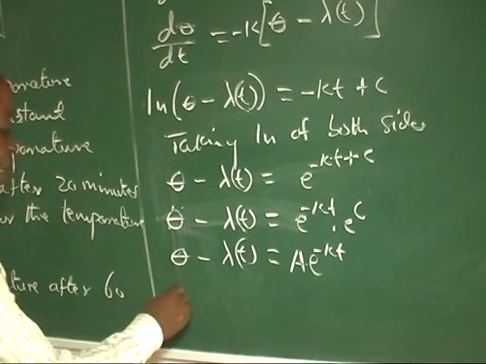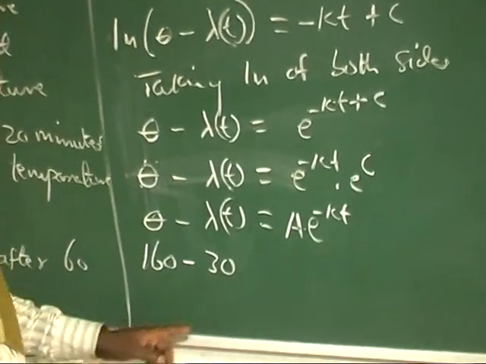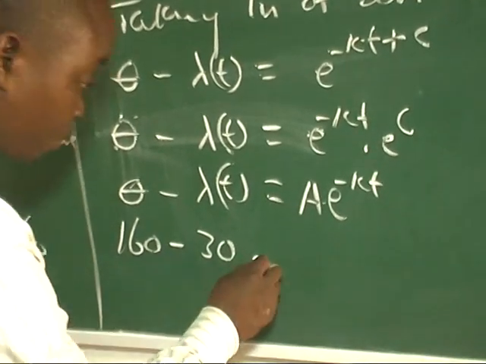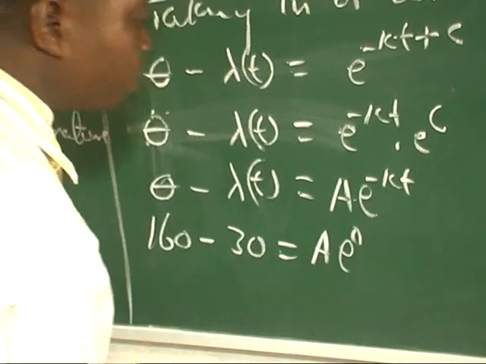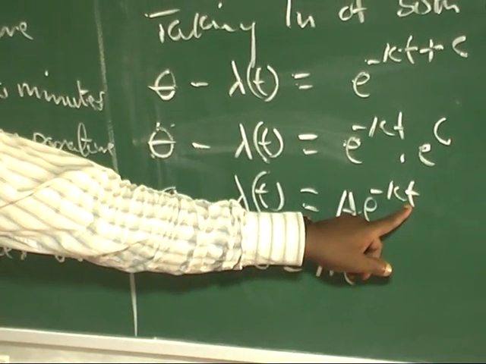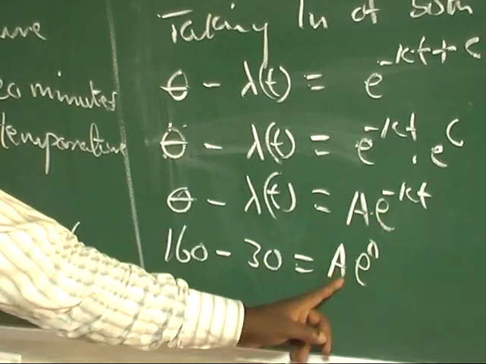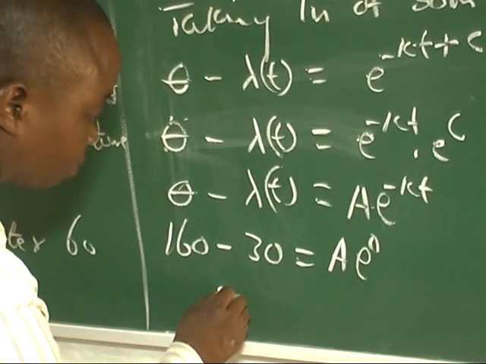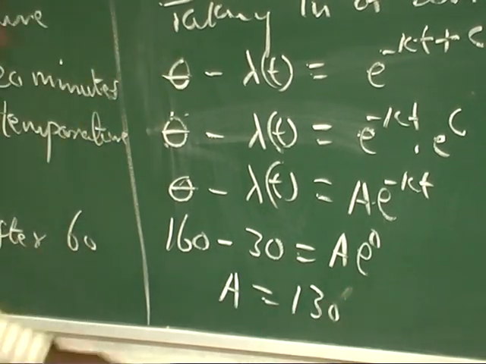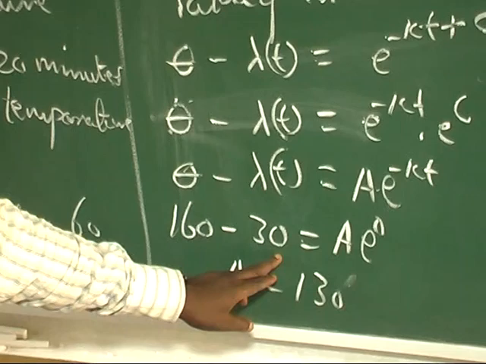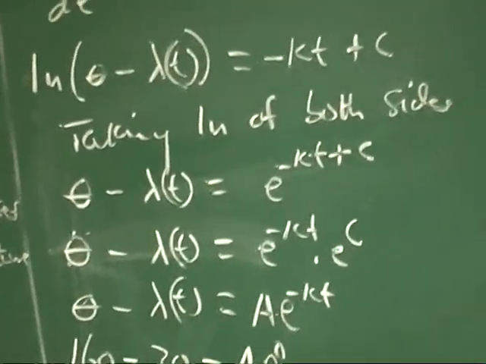So what we have here is 160 minus 30, which is the room temperature, will be equal to A exponential 0. When t is equal to 0, exponential 0 is 1. Then this minus this means that A is equal to 130 at this point. 160 minus 30. Alright.